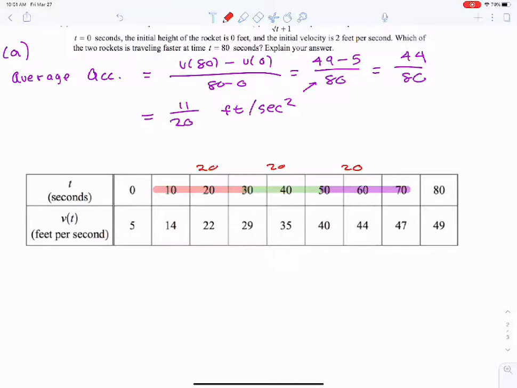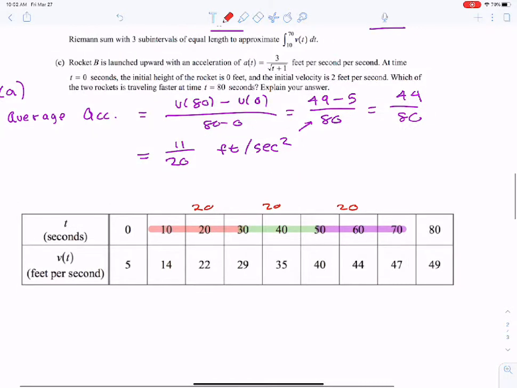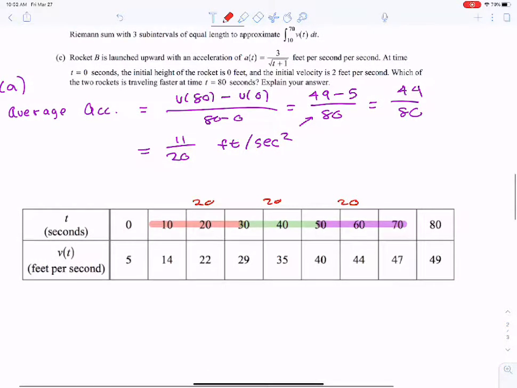So we've done that. If I want to evaluate the Riemann sum from 10 to 70, well, that's going to be the sum of all these rectangles. So let's add these rectangles up.